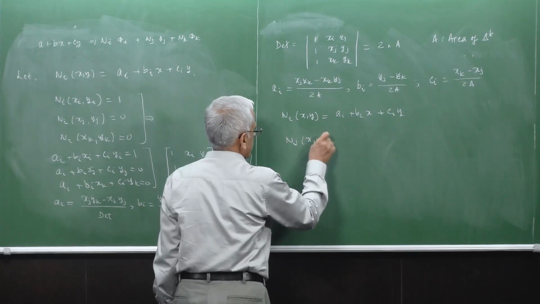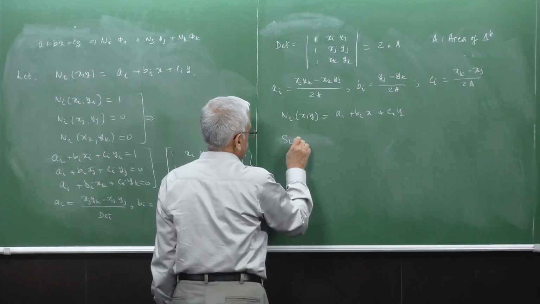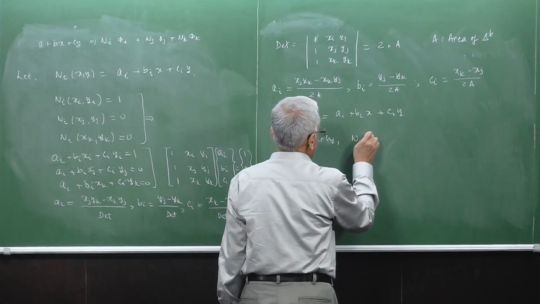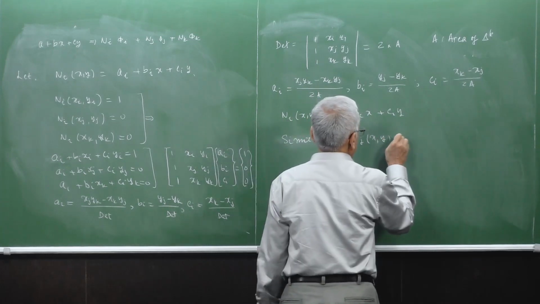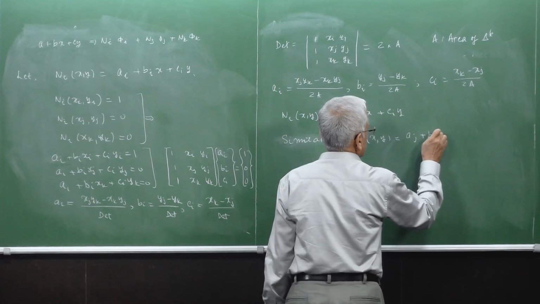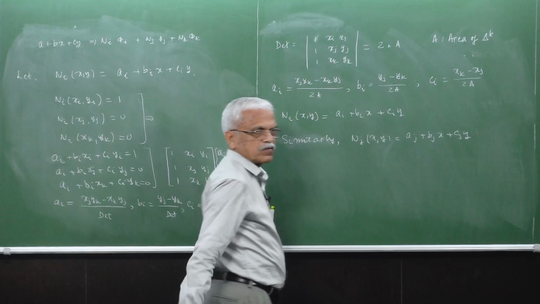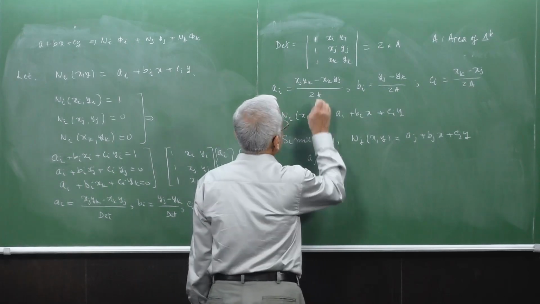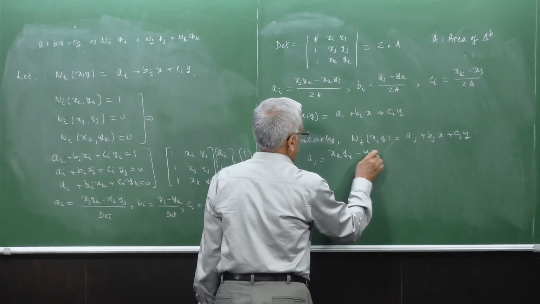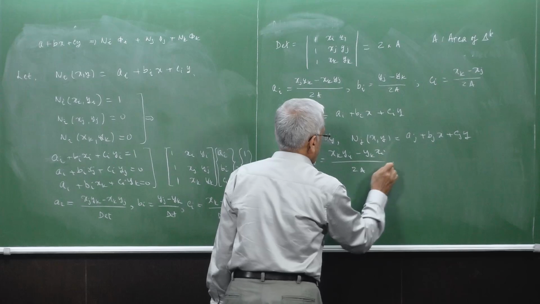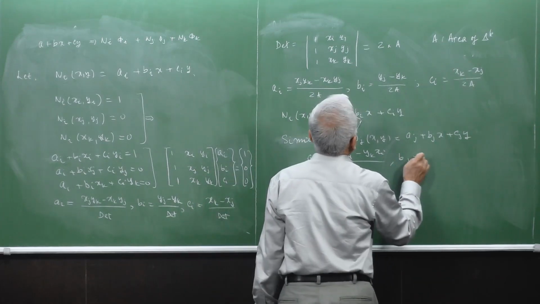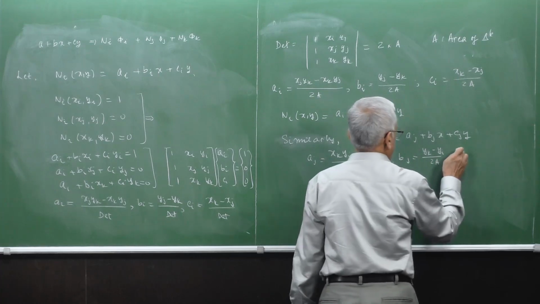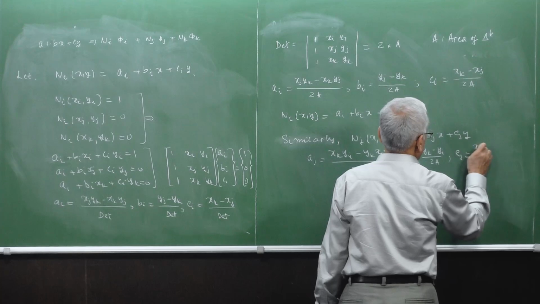Similarly, you can continue to write nj of x, y, and the other shape functions. Here aj is just a cyclic thing: xk yi minus yk xi, and bj will be yk minus yi, and cj is xi minus xk.